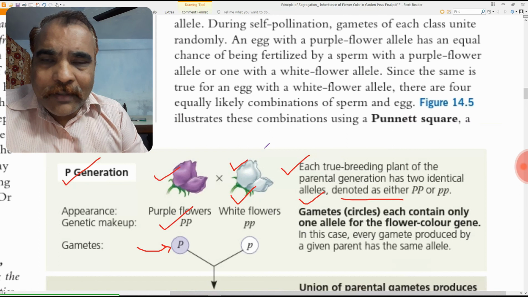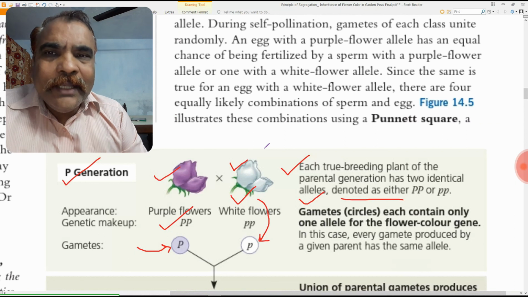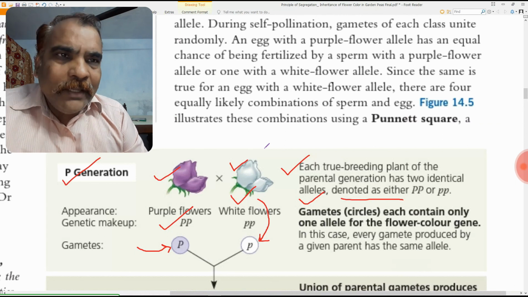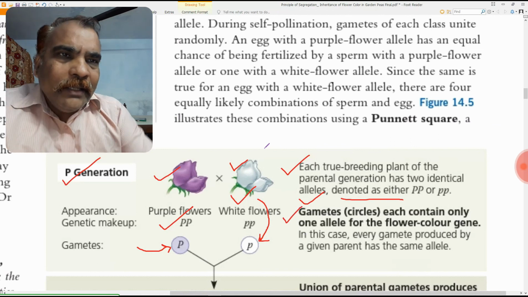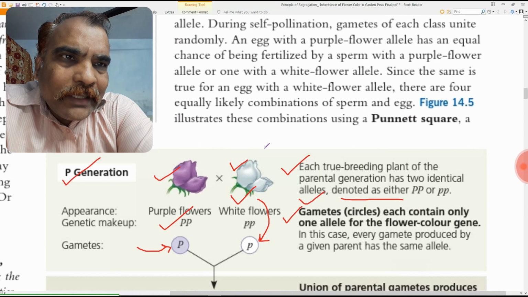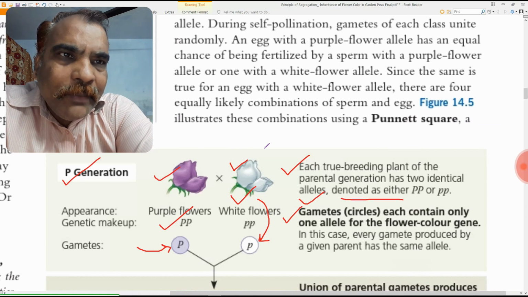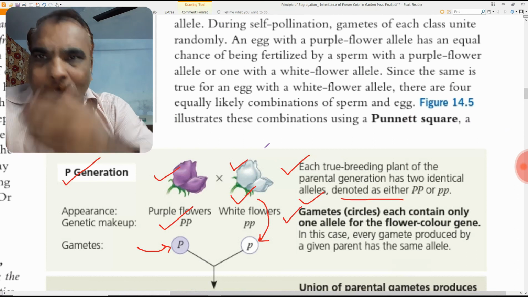The purple flower produces gametes in which only the capital P allele is present, and the white flower produces gametes in which only the recessive allele small p is present. Each gamete circle contains only one allele for the flower color gene. In this case, every gamete produced by a given parent has the same allele.